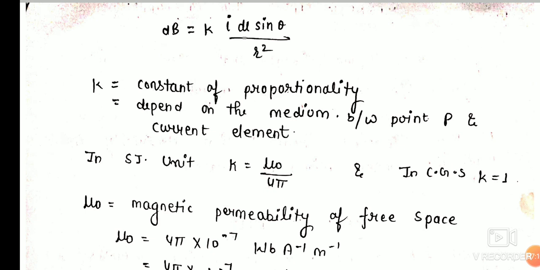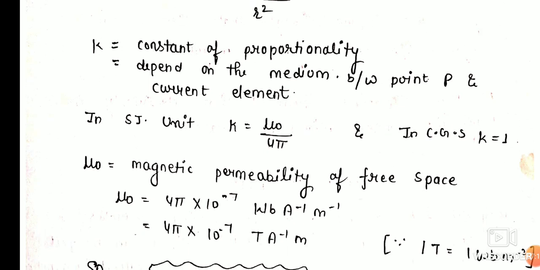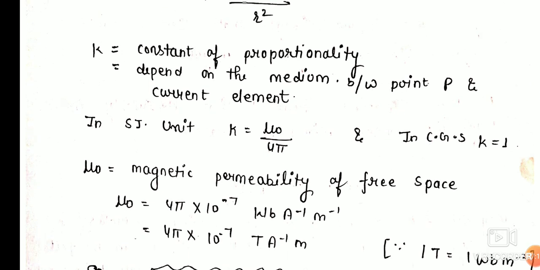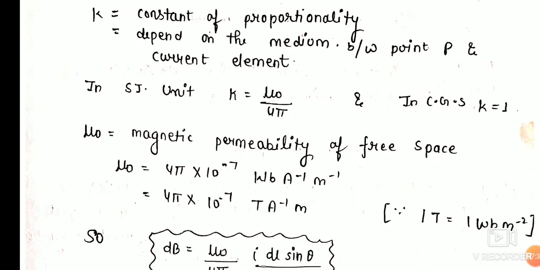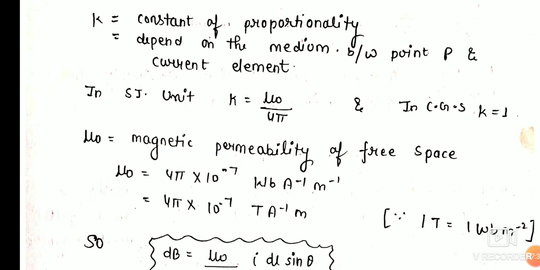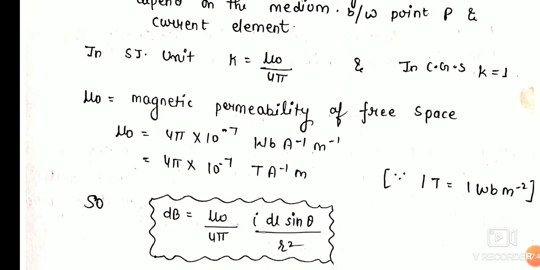Generally we use SI units, so k is equal to mu naught upon 4 pi, where mu naught is the magnetic permeability of free space. Like in electricity we use epsilon naught, the permittivity of free space, in magnetism we use mu naught, the magnetic permeability of free space.